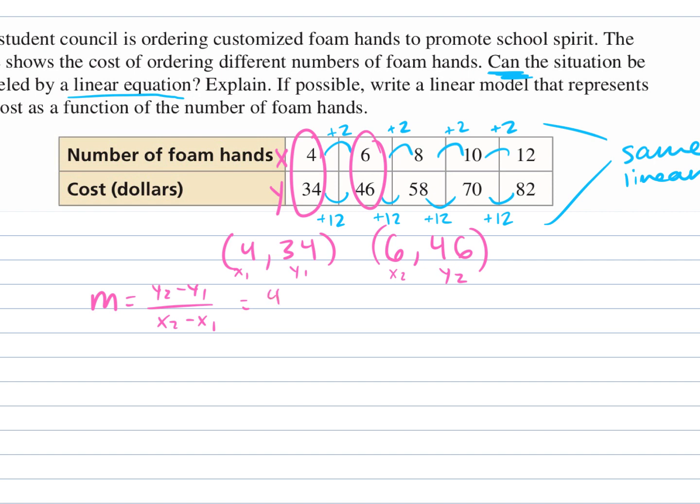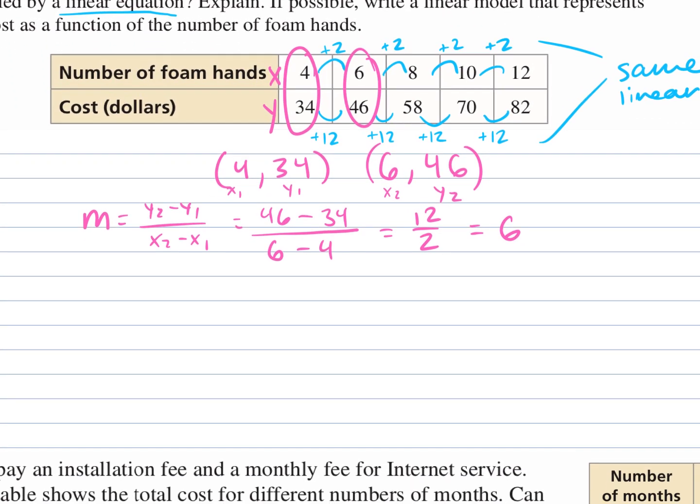So this would be 46 minus 34 over 6 minus 4. 46 minus 34 would be what? 12. And 6 minus 4? 2. 12 over 2 simplifies to 6. Awesome. So my slope is 6.